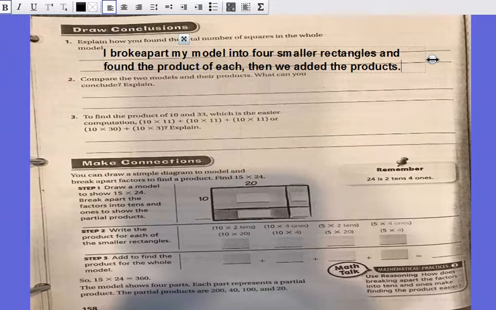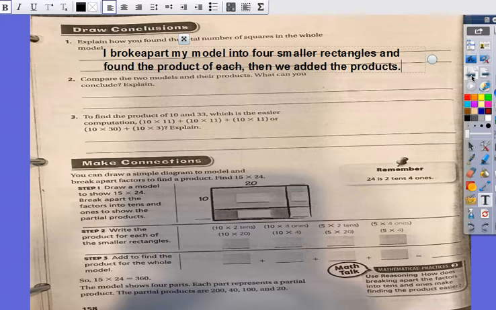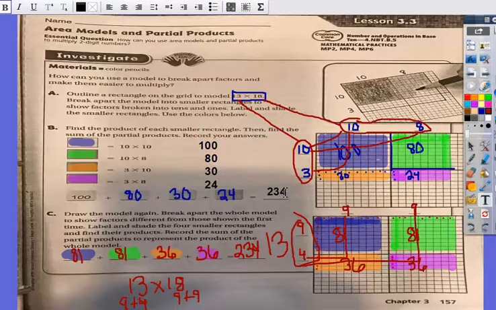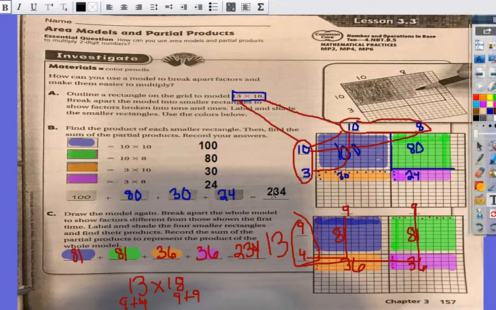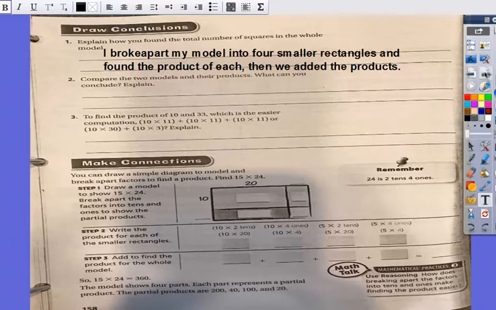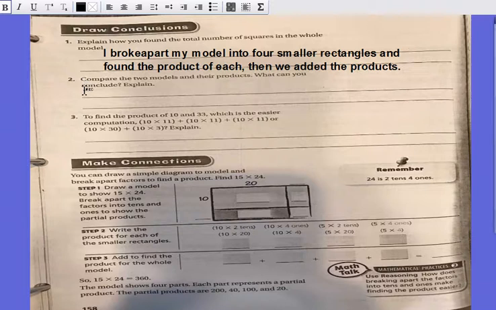Compare the two models and their products. What can you conclude? So if we go back and look at their products, which means answers, here's the answer and here's the answer. So they both were the same. The products were the same. And then the other part was explain.